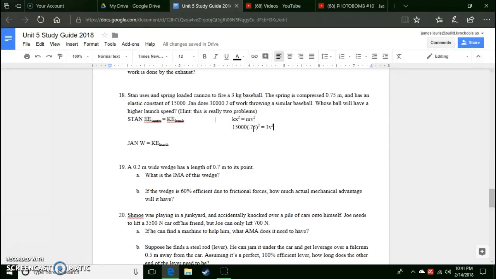That's an ugly number. And then we're going to divide that by 3, because we got that 3 on the other side. So that equals 2812.5 equals v squared.